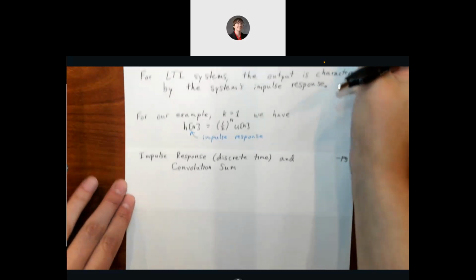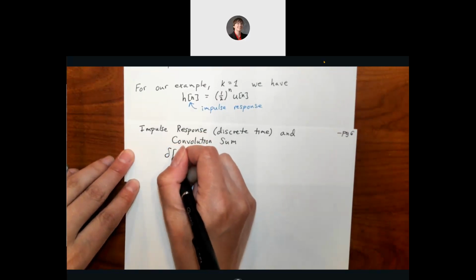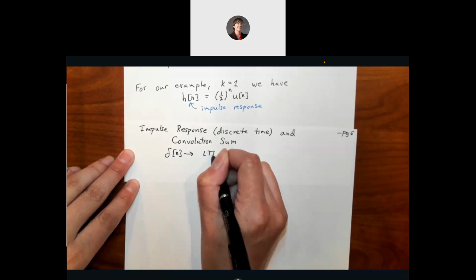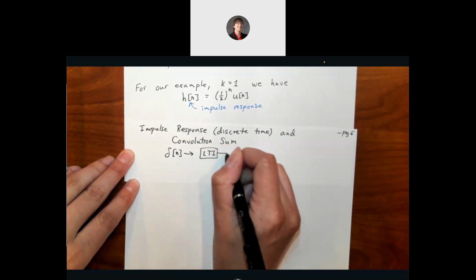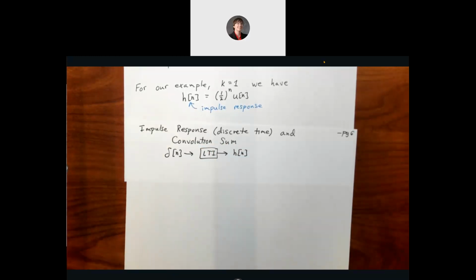Right? So if we have an LTI system, and we know that if we take an impulse and put it into that LTI system, then the output that we get, we're going to call our h of n, our impulse response.